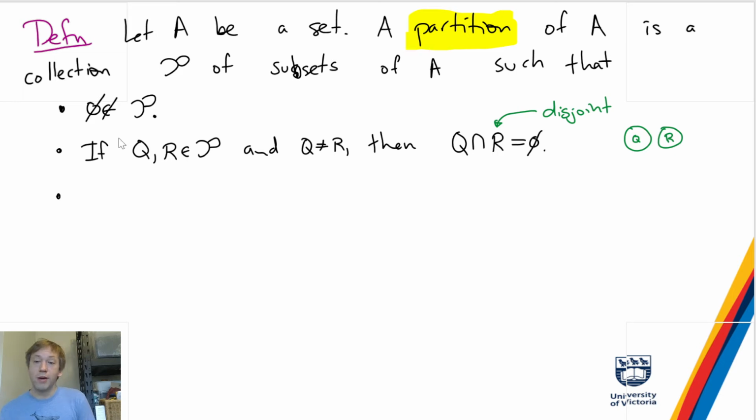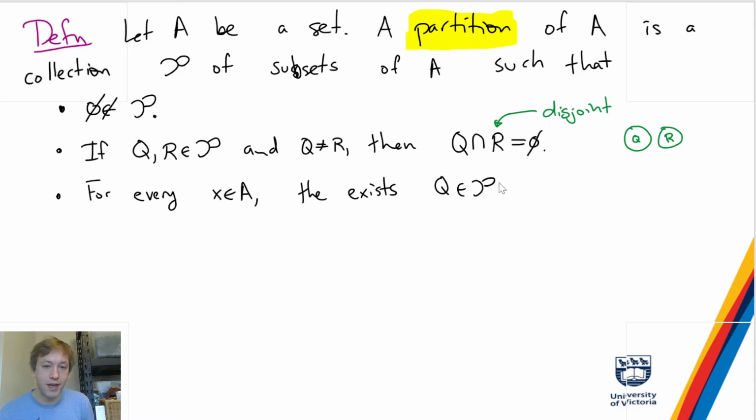And the third property is that for every element X of A, there exists an element Q in the partition, so in P, such that X is in Q.